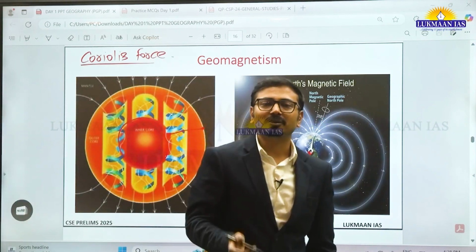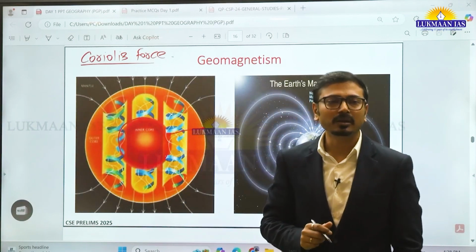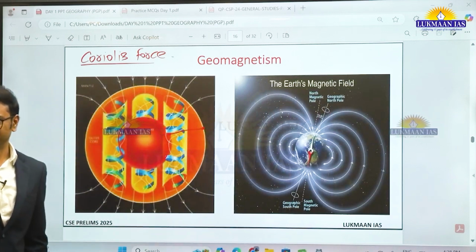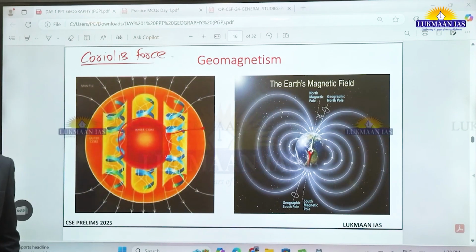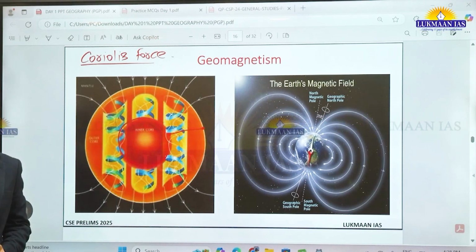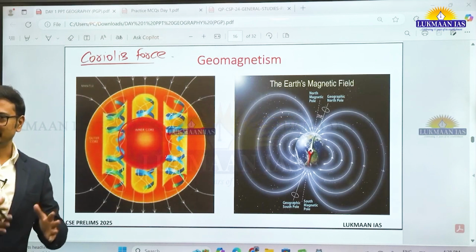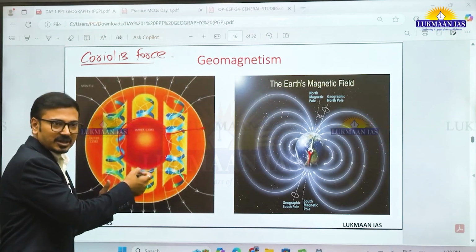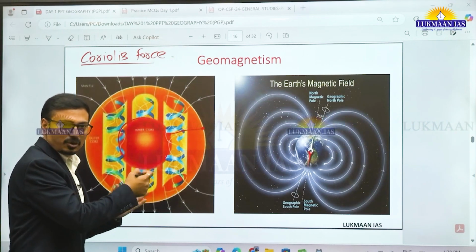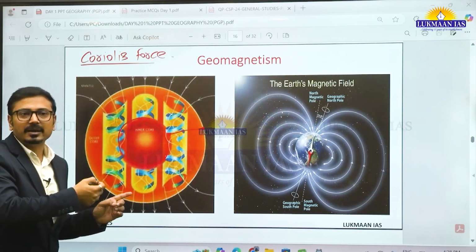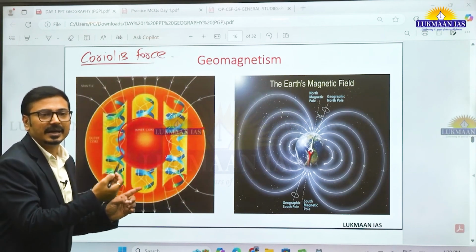Okay. Because of Coriolis force, all the magnetic field is aligned in one single direction. Now we have a larger magnetic field of the earth formed, and the earth is acting as a large bar magnet. So first of all, the charge that is formed is forming a kind of current. Current is resulting into magnetic field, and that magnetic field is aligned in a single direction.